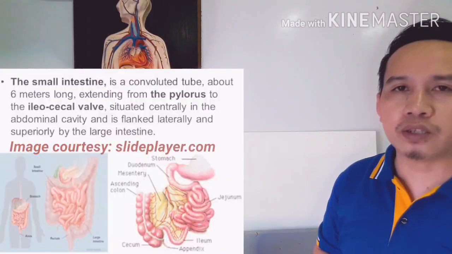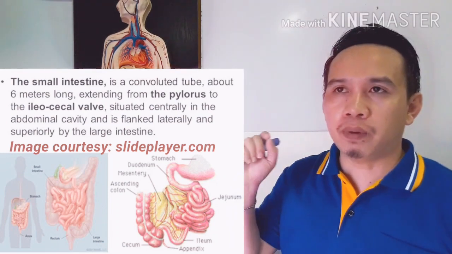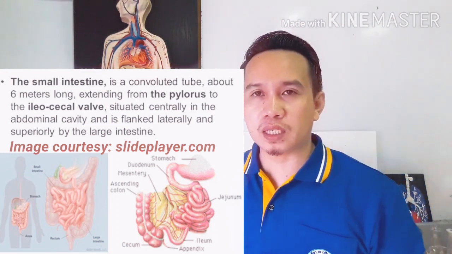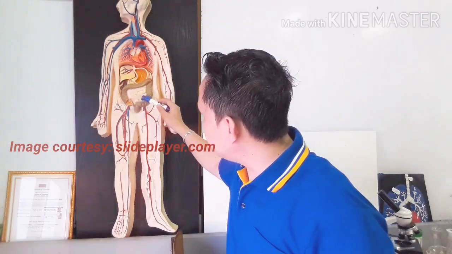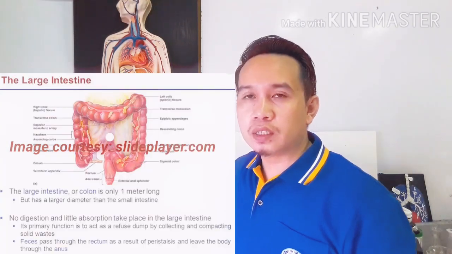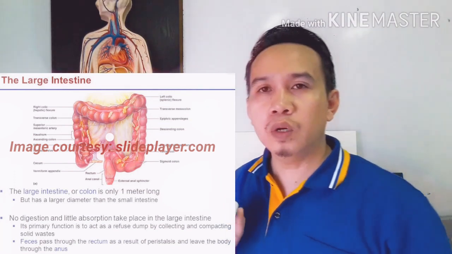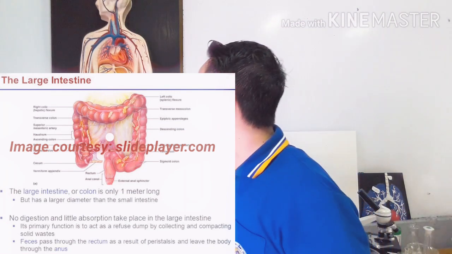Now, the last process of digestion is digestion in the lower part of the small intestine. So, this could be from the lower part to the upper part of the small intestine. What happens during digestion in the lower part of the small intestine?